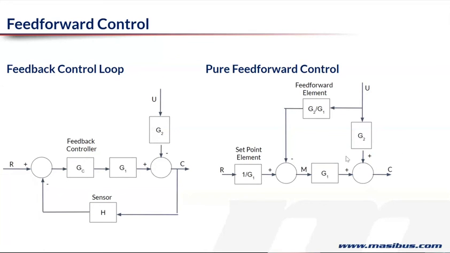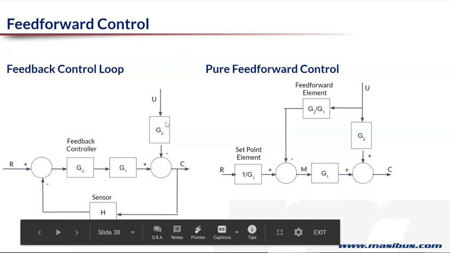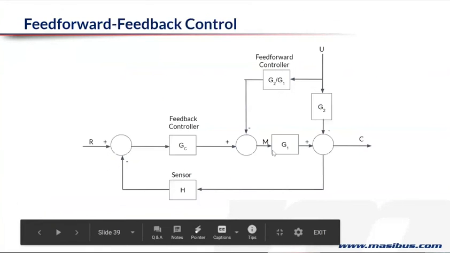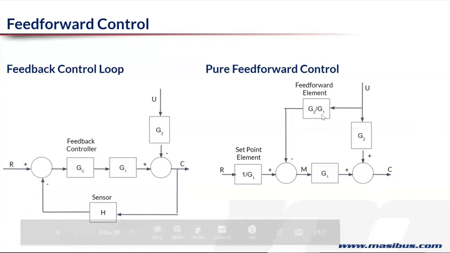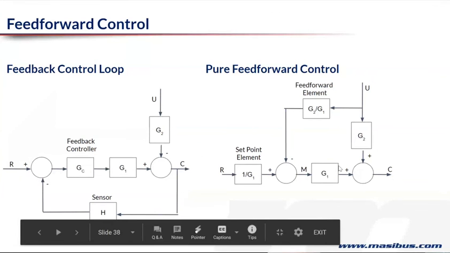So if you see this block diagram minus this, you will see that this is the additional part, right? And in the next slide you will see that the feed forward element you should know to the third decimal point what effect this flow will have on the outlet temperature.